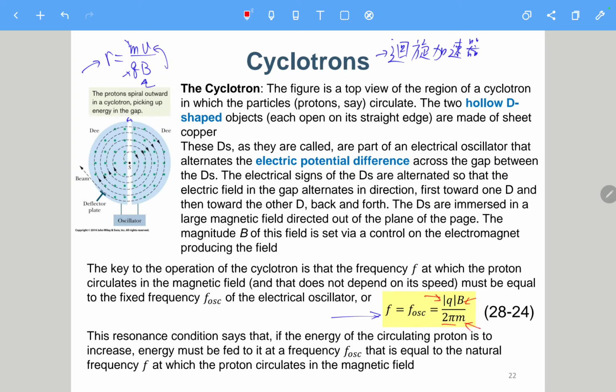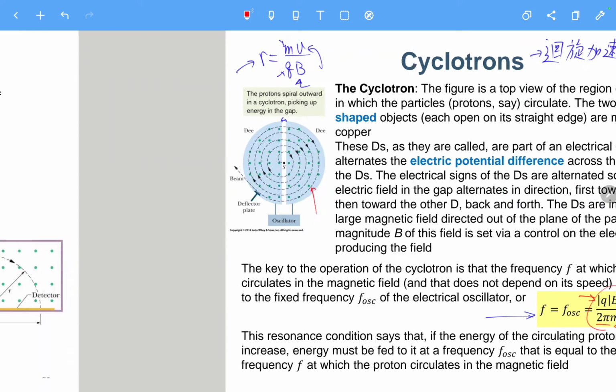And then B is the B field magnitude we generate here. Actually, we cannot change it. We just make it a constant there. So actually this expression is the reciprocal of the period we just derived here.